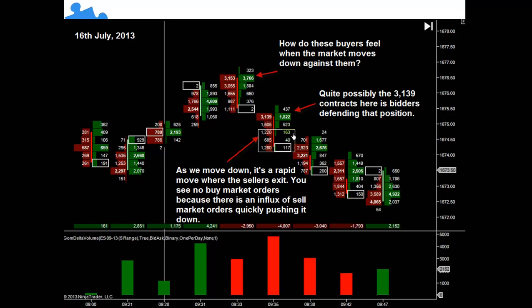The market's not going to spend much time there because, as we get to each level, any stops there are going to get triggered as soon as one contract trades. So we get some trading at this price, the stops get hit, we go to the next price, stops get hit, go to the next price, stops get hit.